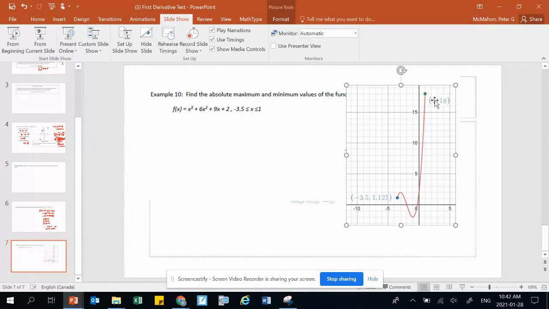And the highest value is going to be f(x) equals 18. So this can be an example of our extreme value theorem. This is a continuous function from -3.5 to 1, and the absolute max is going to be 18, and the absolute min looks like -2. Okay, so here's how we do this algebraically.